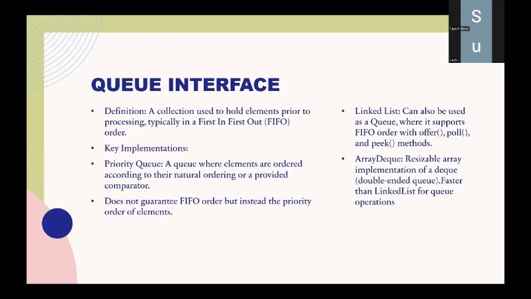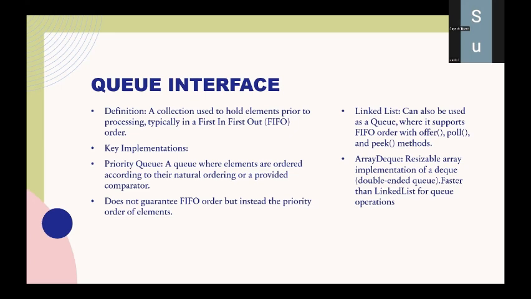In a priority queue, elements are ordered according to their natural ordering or a provided comparator. What exactly a priority queue does is that each element in a priority queue has some sort of priority. On the basis of those priorities, the program will automatically understand the natural order of processing, which value is to be processed first and which value is to be processed last.